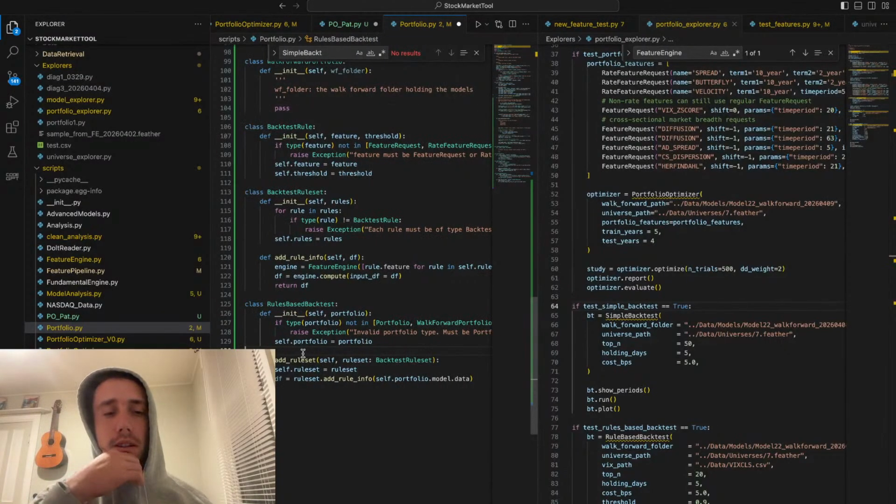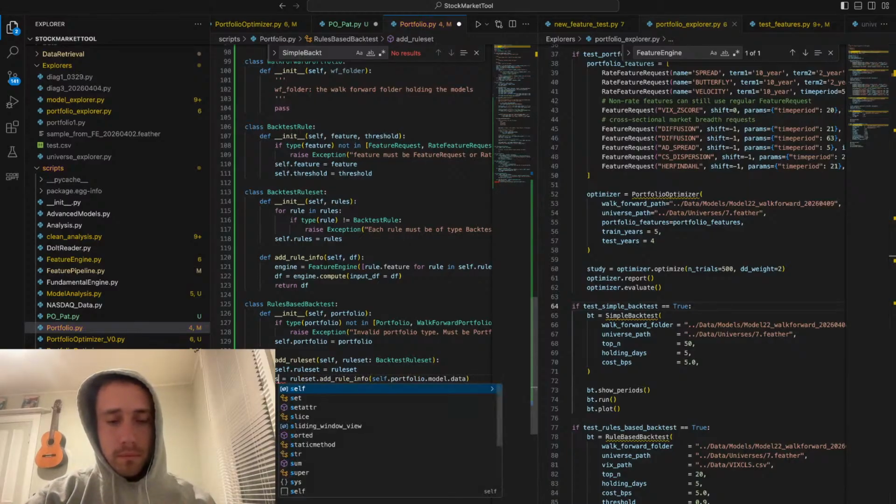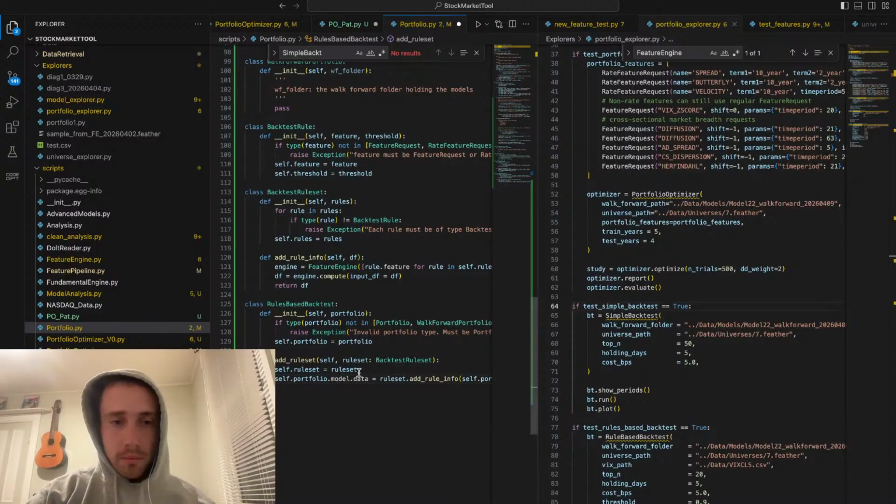Rules-based backtest. Okay, so now we can get that.